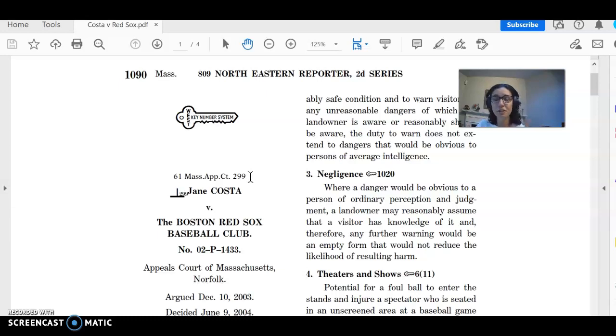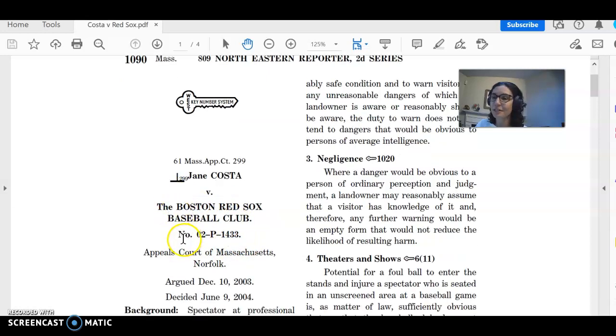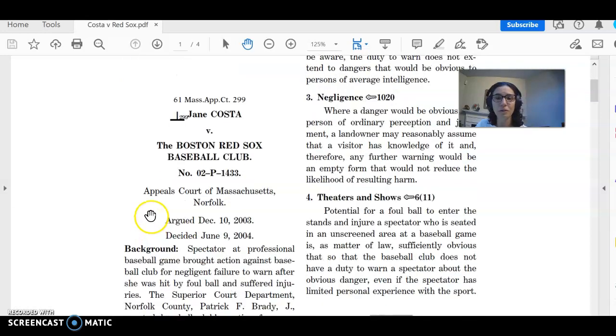All right, so we learned about reporters. We learned about citation. We also learned about the notion of parallel citation. We talked about identifying the parties to the case, the docket number, the court that issued the decision, and of course the decided date being the most important date because this is the date at which the case became law and becomes precedent for future researchers.